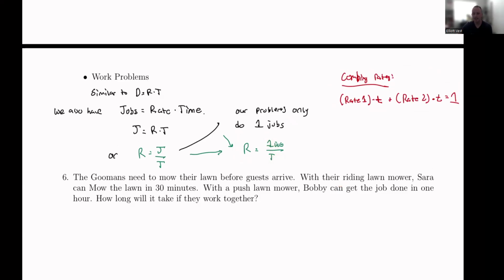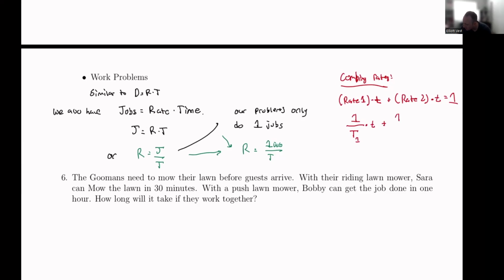So to update this, I would do rate one. For the first person, they can do one job in T1 minutes, times T. Plus the second person can do one job in T2 minutes, for the second person's time it takes. And they're going for a certain amount of time. That equals one job.